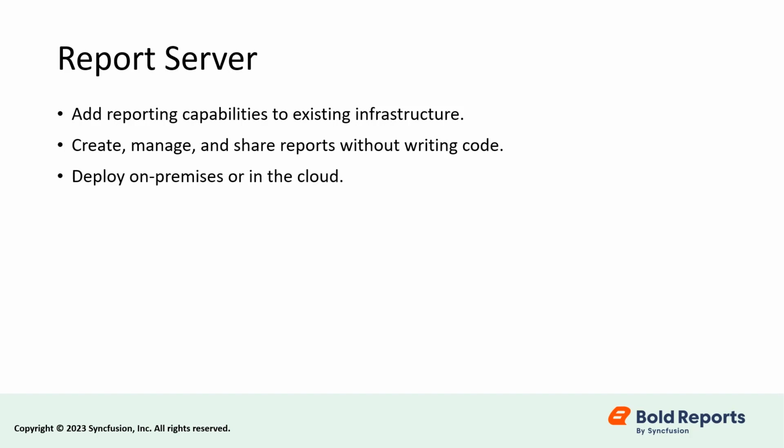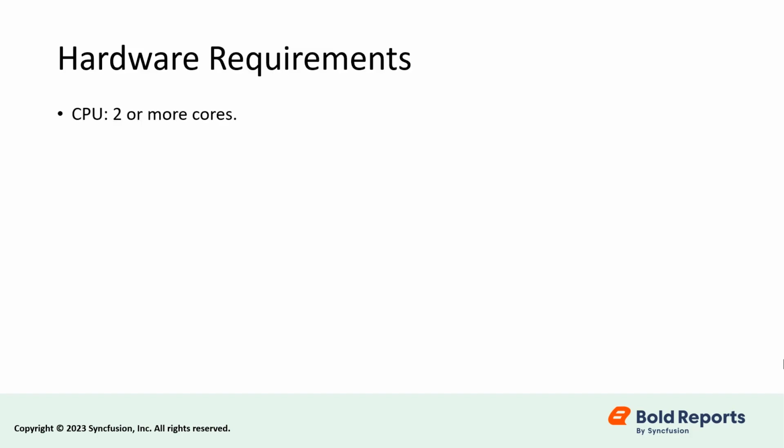One of the major benefits of the report server is that it can be deployed on premises or in the cloud. Let's look at the cluster prerequisites for deploying the Bold Reports report server. The hardware requirements are: a CPU with 2 or more cores, at least 4 GB of RAM.